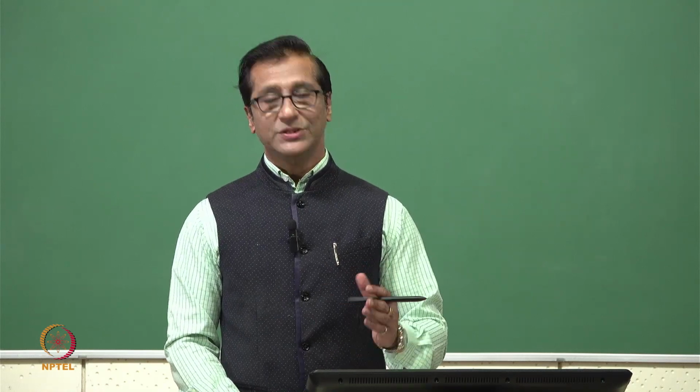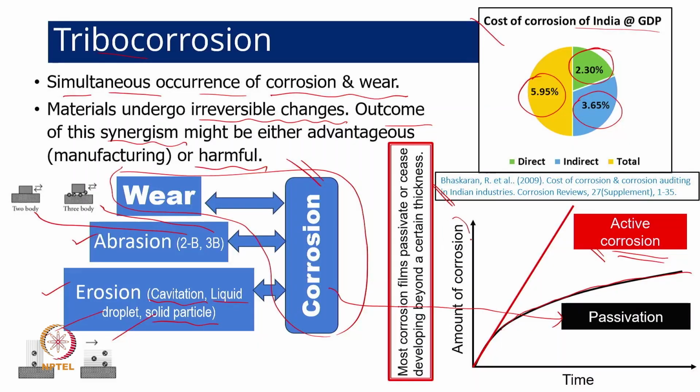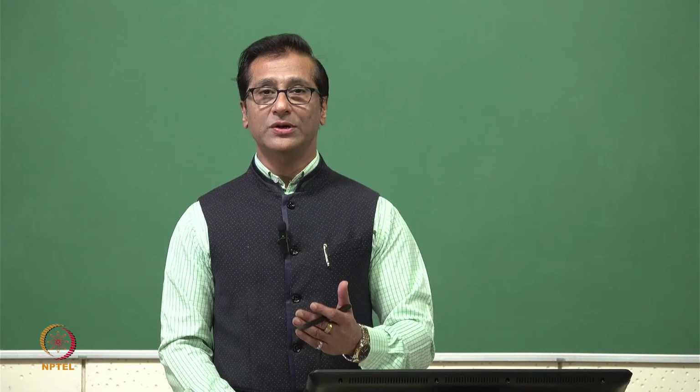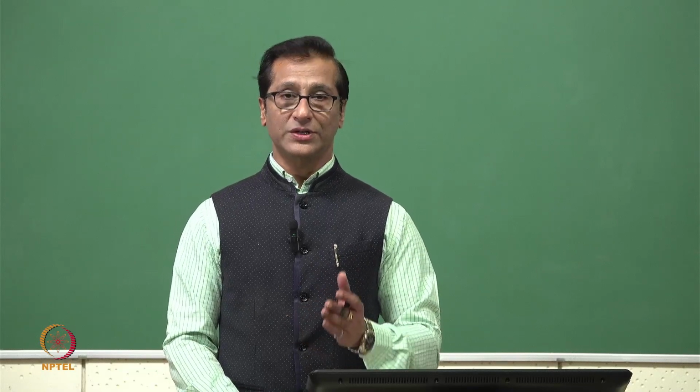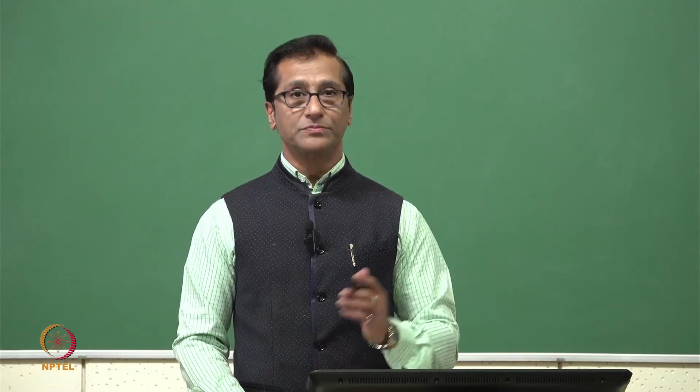So that continuous process happens, and that's why we say the amount of corrosion because of tribology is continuously increasing. It doesn't get satisfied or saturated at any level. For that purpose, we really need to implement a good solution to come up with that level.